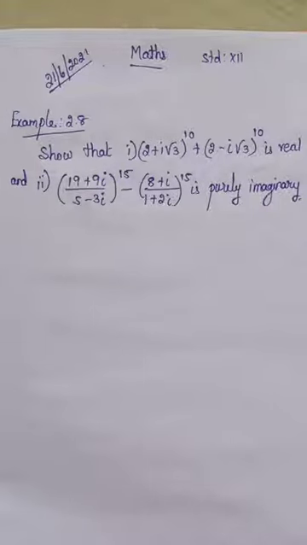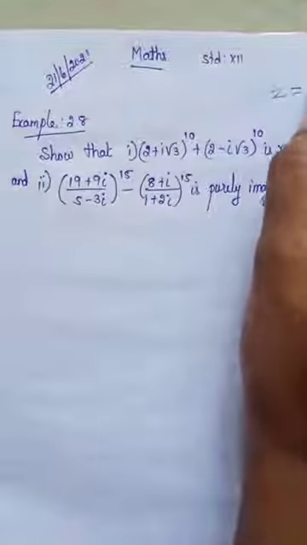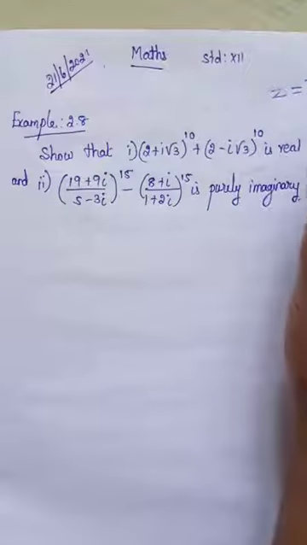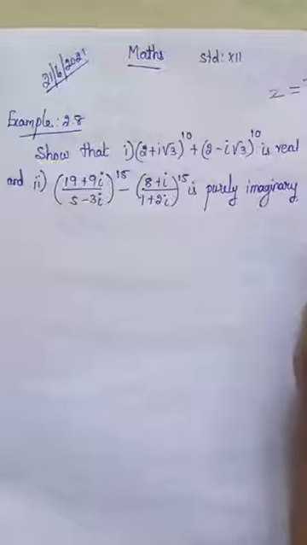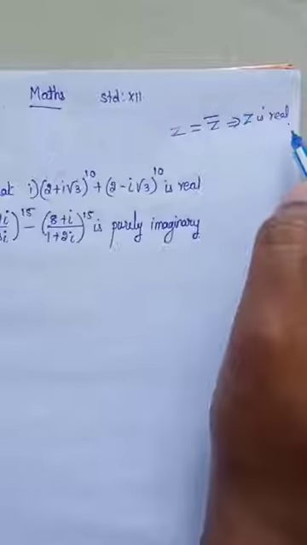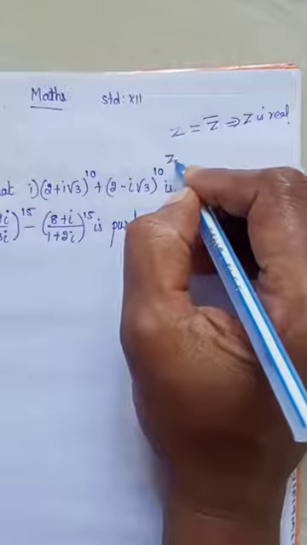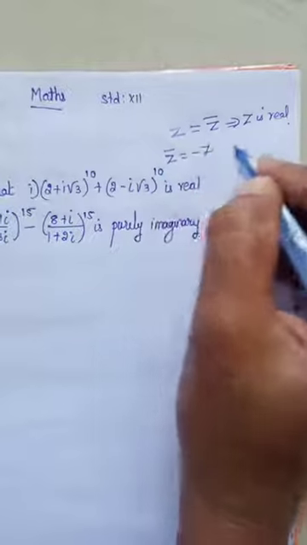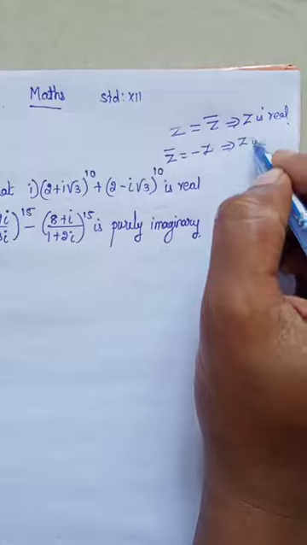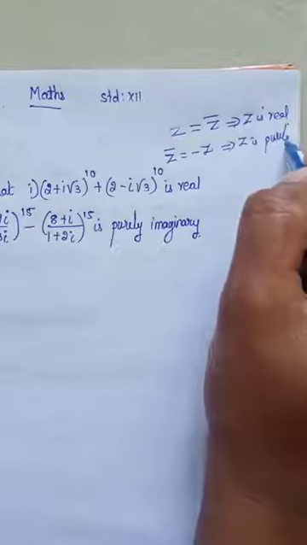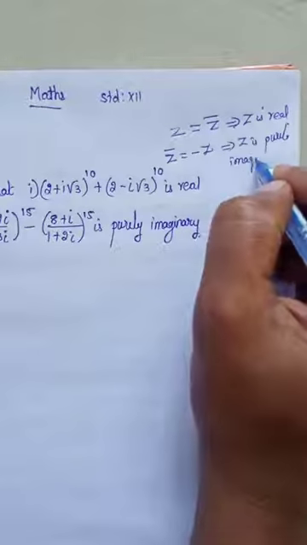In that, we have learned that if Z is equal to Z bar, then Z is real. The same way, if Z bar is equal to minus Z, then we can say that Z is purely imaginary.